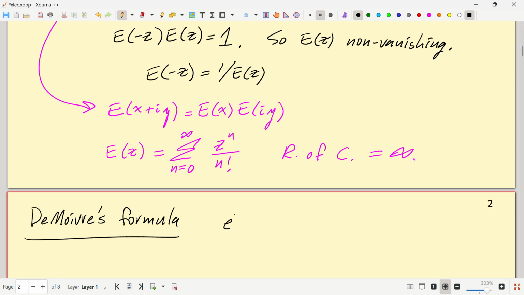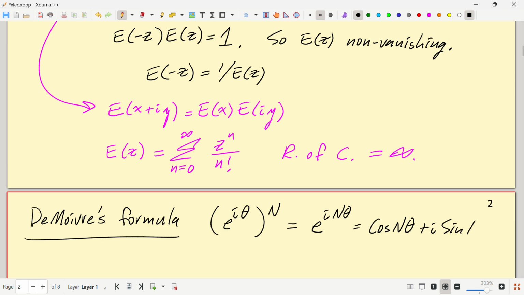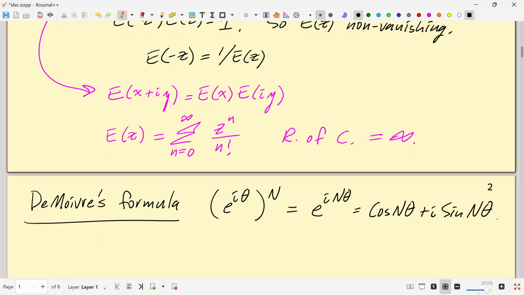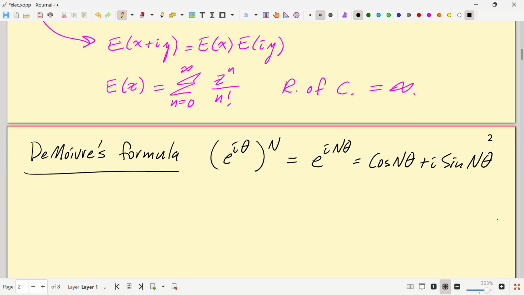And e to the i theta to the nth power is equal to e to the i n theta, which is cosine n theta plus i sine n theta. Okay, that's an important thing.